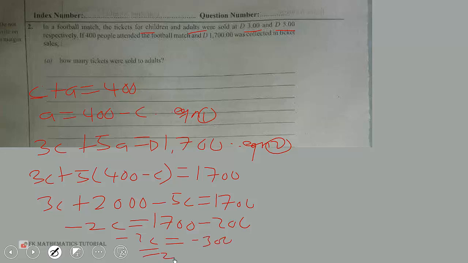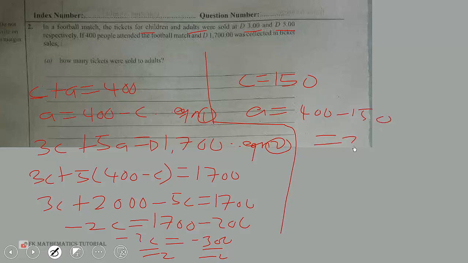So divide both sides by negative 2. So C will be equal to 150. Then when we put this into equation 1, we get A to be equal to 400 minus 150, which is equal to 250.